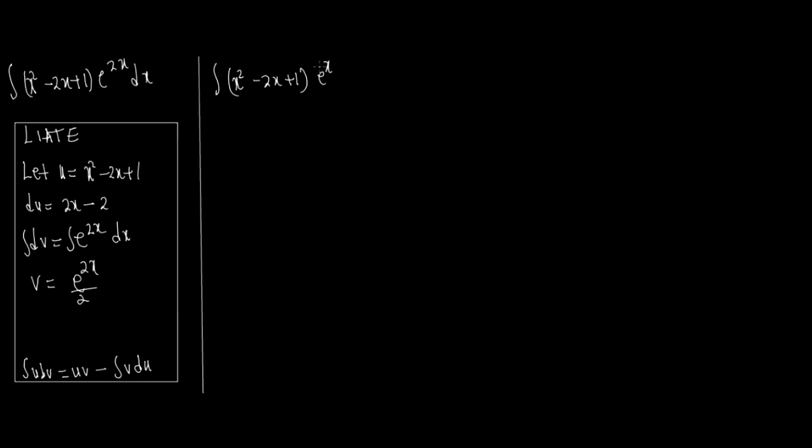e to the 2x dx. So what is u? u is equal to x squared minus 2x plus 1.